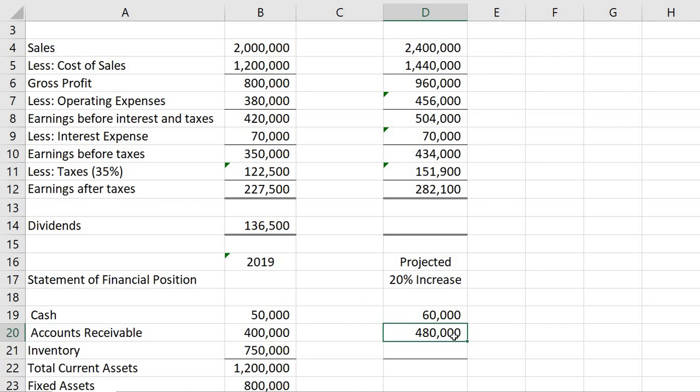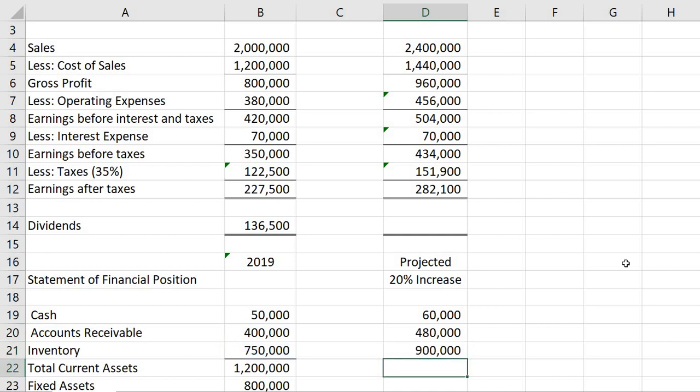Simply because these items, your cash, accounts receivable, and inventory, are affected by the normal operations of the business. These are the assets that will spontaneously increase when our sales increase. The same goes for inventory: we simply multiply it by 120%.